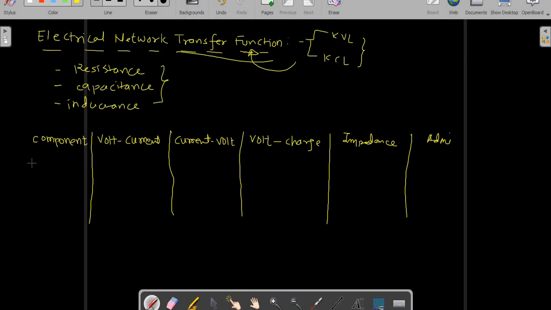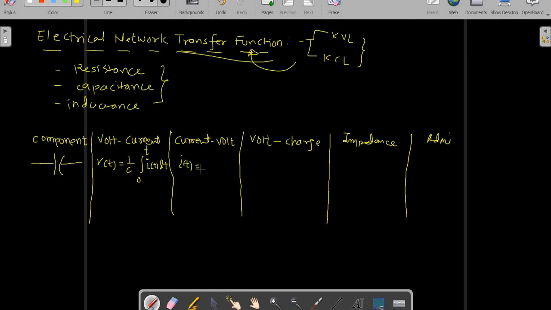So what is first component? First component is a capacitor. So how we can write this? Capacitor voltage is equal to 1 upon C integration 0 to t I of t dt. What is current voltage relation in this case?